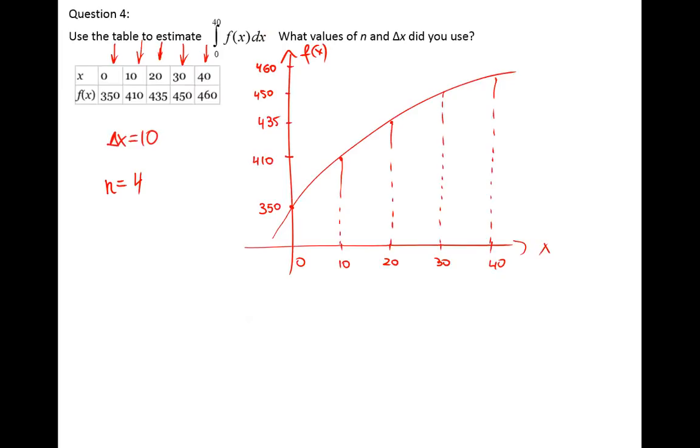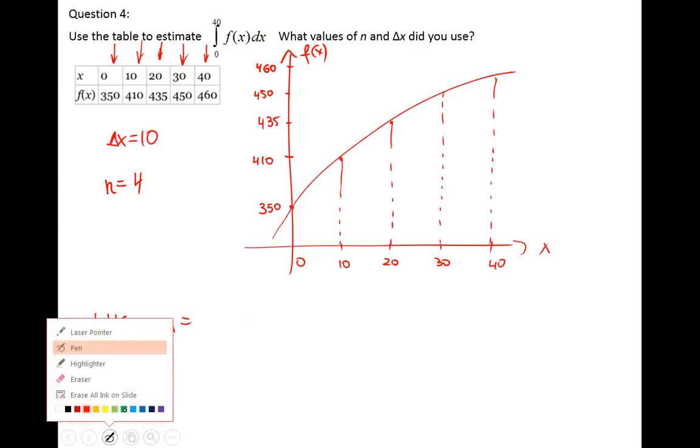Oh wow, lots of calculation. I did use the calculator, but I still want you to get the values. We can use the left-hand side first. Left-hand side estimate, or left-hand side sum. And I will use maybe green.